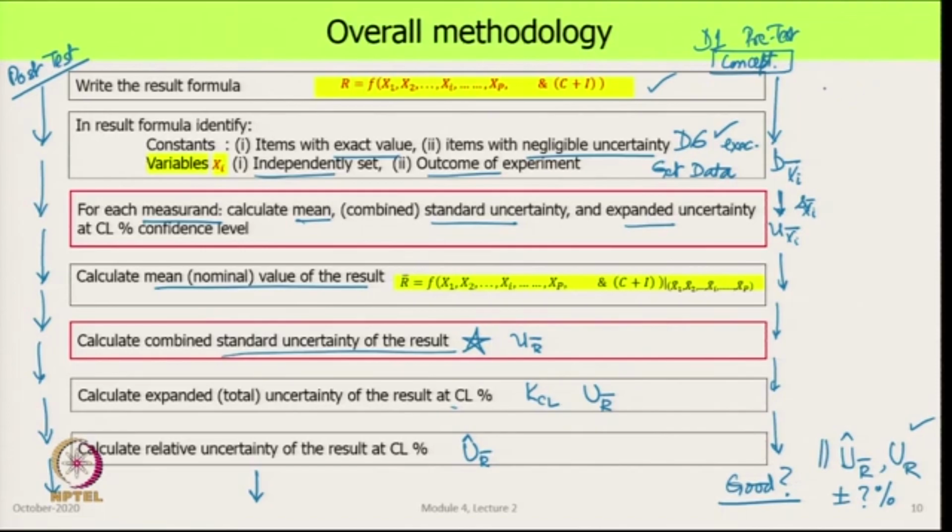We have the result formula. At this point, we have some of the xi bars known, but most are not known. Now, we have the issue: the result uncertainty is known, but one or two of the u xi bars are not known.